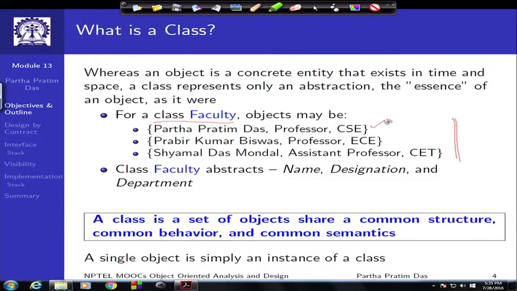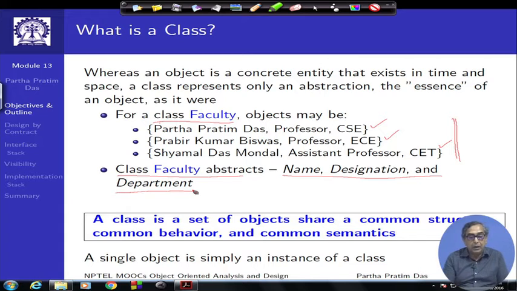Each one of these is an object because it has a concrete existence, whereas this class faculty abstracts these objects in terms of the name, designation, department and of course a lot of other behavior, a lot of other operations that will be common to all these objects.